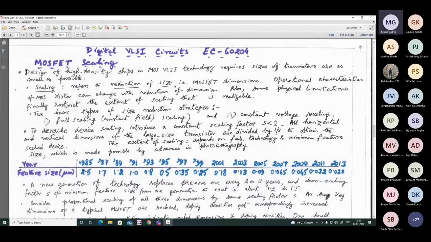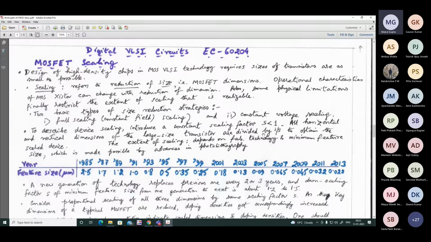In 2024, maybe we can improve it so that the length of the transistor will go down from 1 micrometer to say 0.7 micrometer. So that means it will go down by a factor of 1.4, that is 1 by 0.7. So the scaling factor should be S greater than 1.